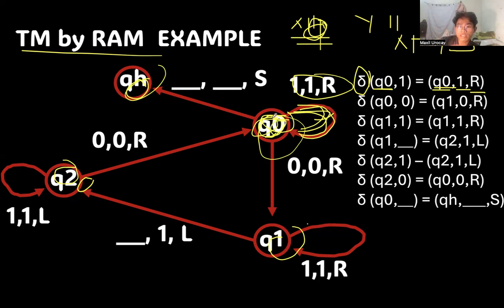And afterwards, for our Q0 0 input, which is here, our current state is Q0, and our current symbol will be 0. So our Q0, that is our separator. We stop at separator 0. So this will be our separator.